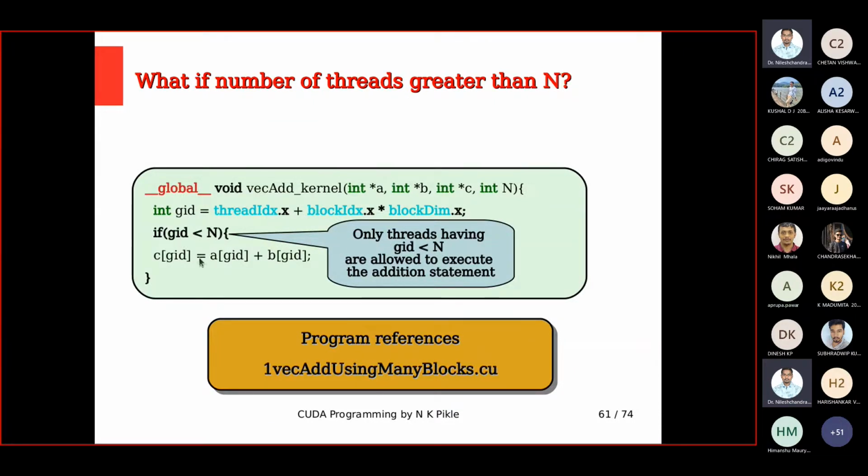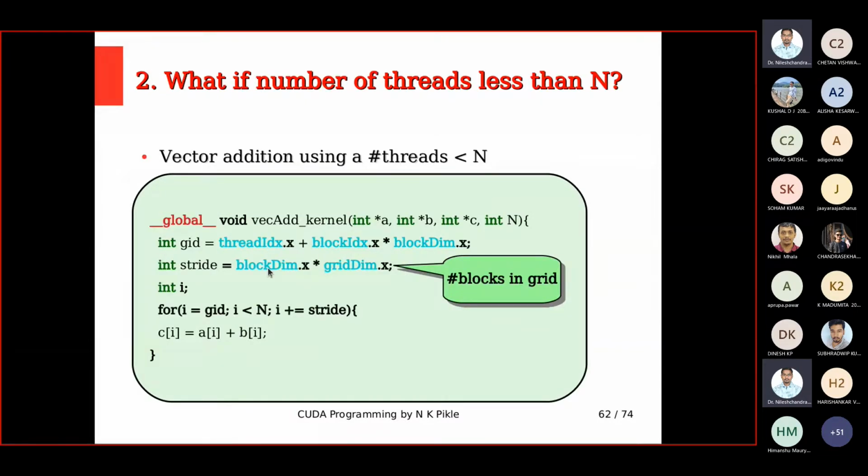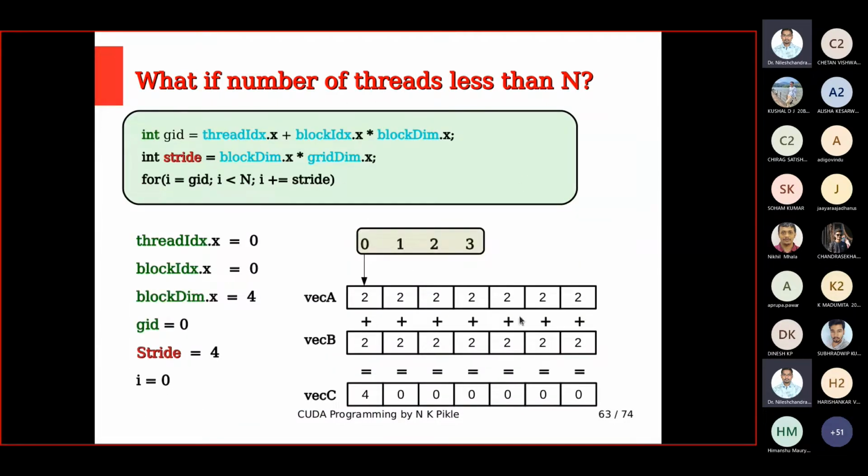If that GID is less than n, only then do we perform the computation, that is fine. But what if we have fewer threads than n? Let's say there are 8 data points and we have only 4 threads.